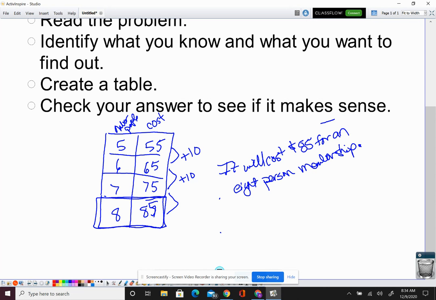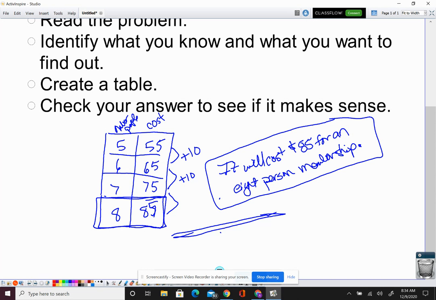Yes, writing sentences is important in math because you do have to convey your thoughts to other people. And you don't just do it with 1 or 2 words, you do it with a sentence. So it'll cost $85 for an 8-person membership. So this is what I'm looking for in these problems.